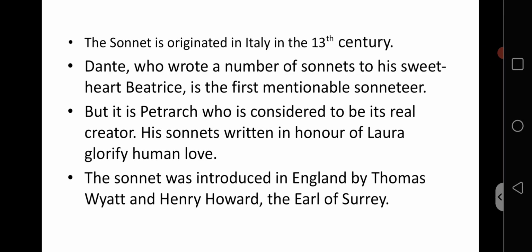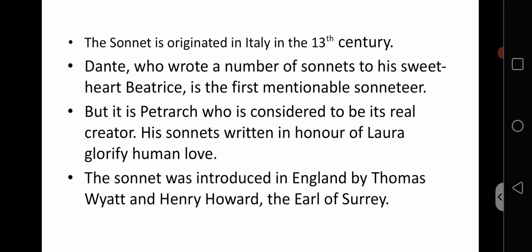A sonnet is a poem of 14 lines. Generally, it is divided into two parts. The first part of 8 lines is called the octave, and the remaining 6 lines are called the sestet. The sonnet originated in Italy in the 13th century.